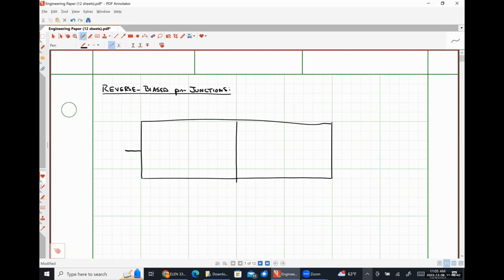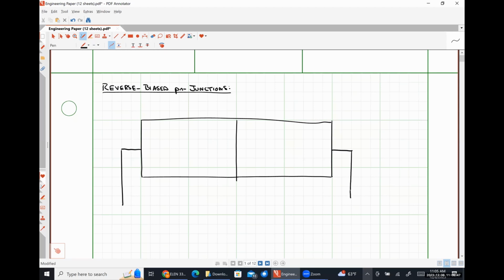Down here is going to be our applied voltage. And now the negative polarity of our terminal is going to be connected to the P side of our junction, and the positive polarity terminal of our battery is going to be connected to the N side of the junction.